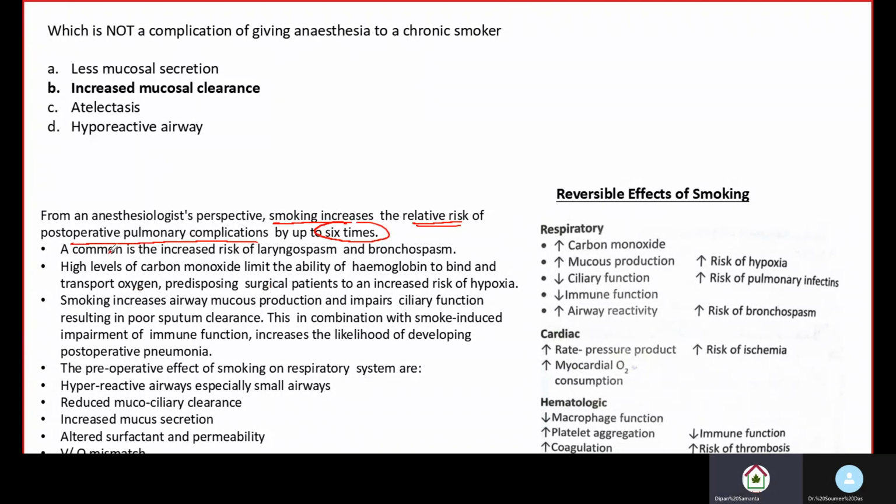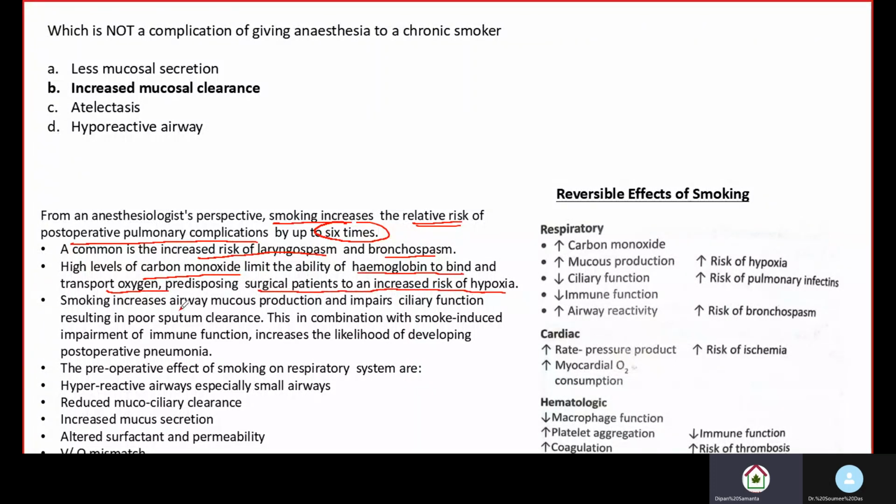So for a smoker there is increased risk of laryngospasm and bronchospasm post-operatively. High levels of carbon monoxide limit the ability of hemoglobin to bind and transport oxygen, predisposing surgical patients to an increased risk of hypoxia.